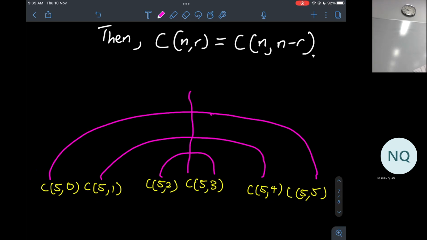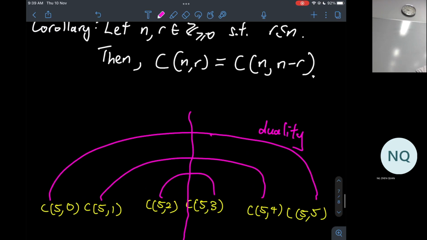If you know half of the numbers, you can know the other half. There's something we call a duality here. You don't need to compute twice.